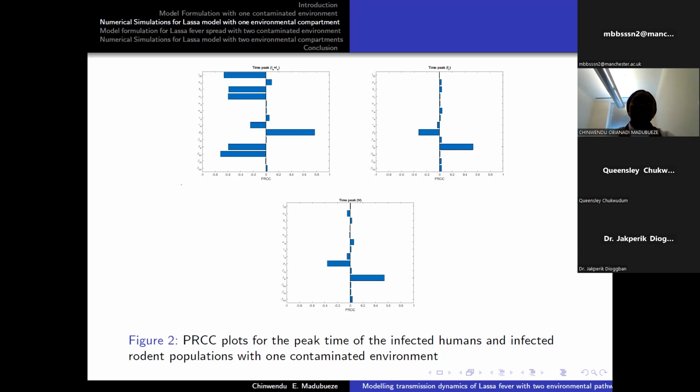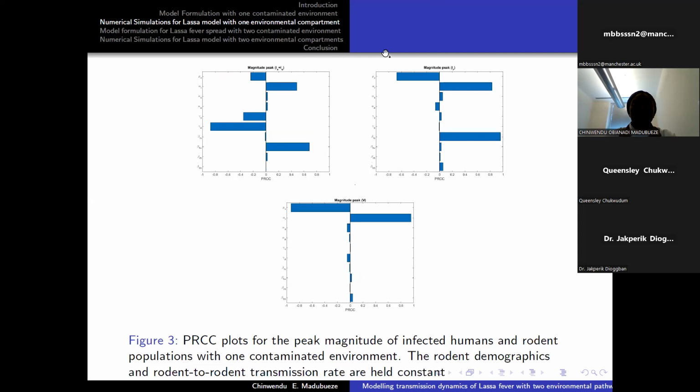So that's what we want to see: when I fix this parameter, what happens? What other parameters play an important role in the magnitude and the time too? So this is when the rat demographics are held constant, so that we can see what other parameters play an important role.